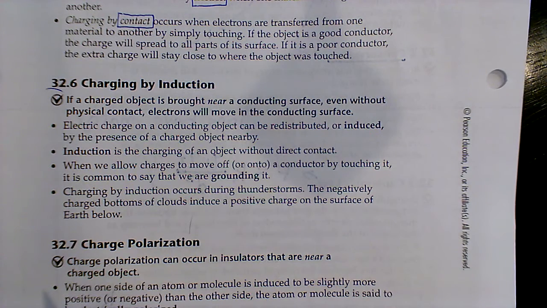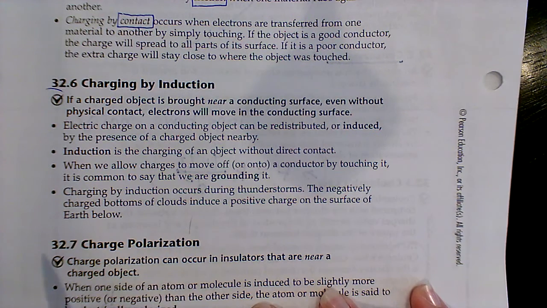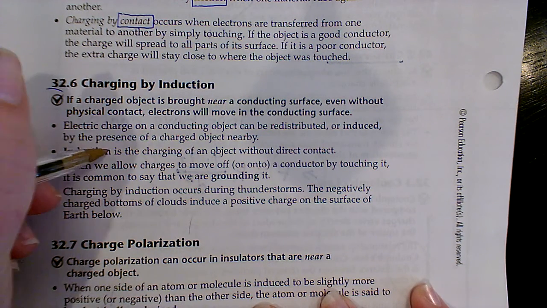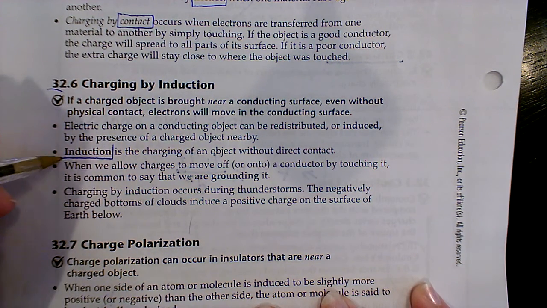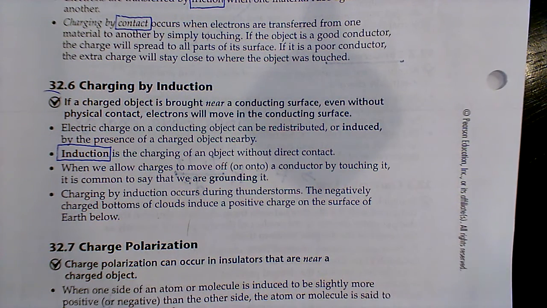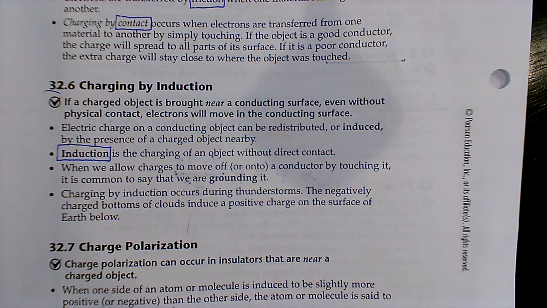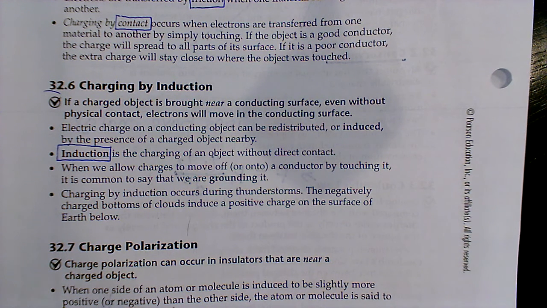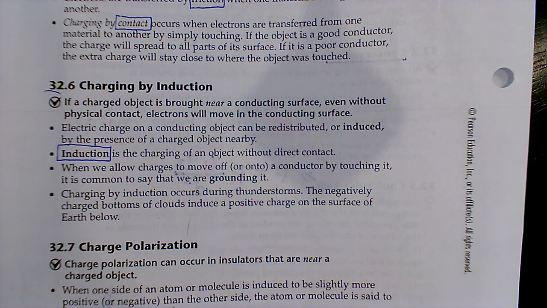All right, so the third way something can accumulate charge is by induction. In induction, there's not really any direct contact. Again, if you did the simulation yesterday, when you had the balloon all charged up and you brought it near the wall, the electrons moved away from the balloon, and so the part of the wall close to the balloon became a little bit positive.